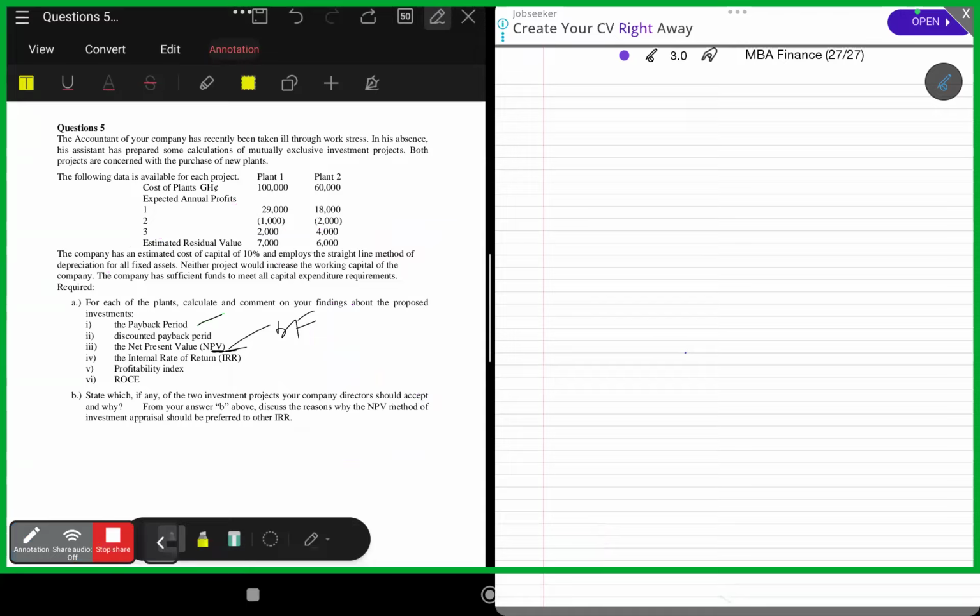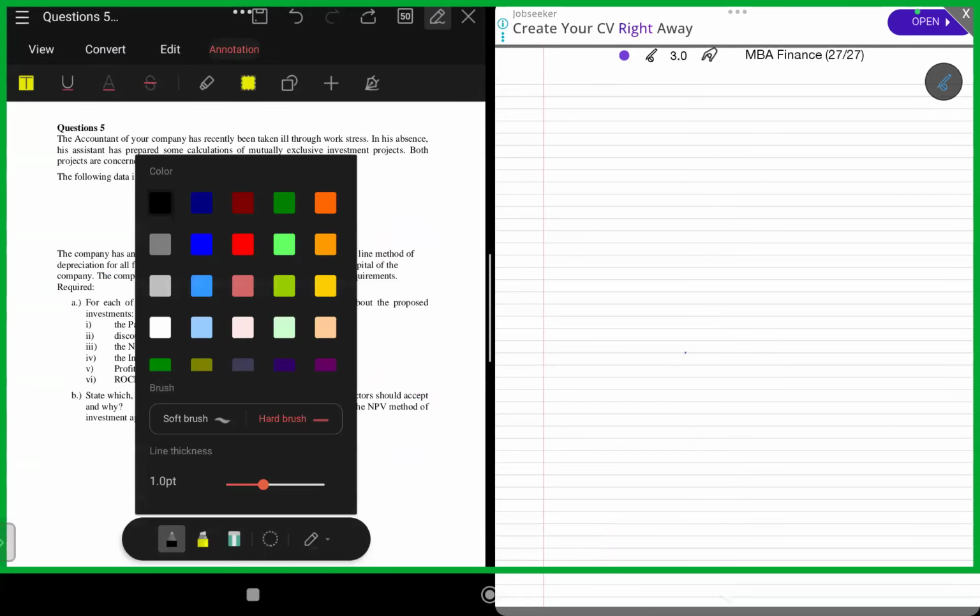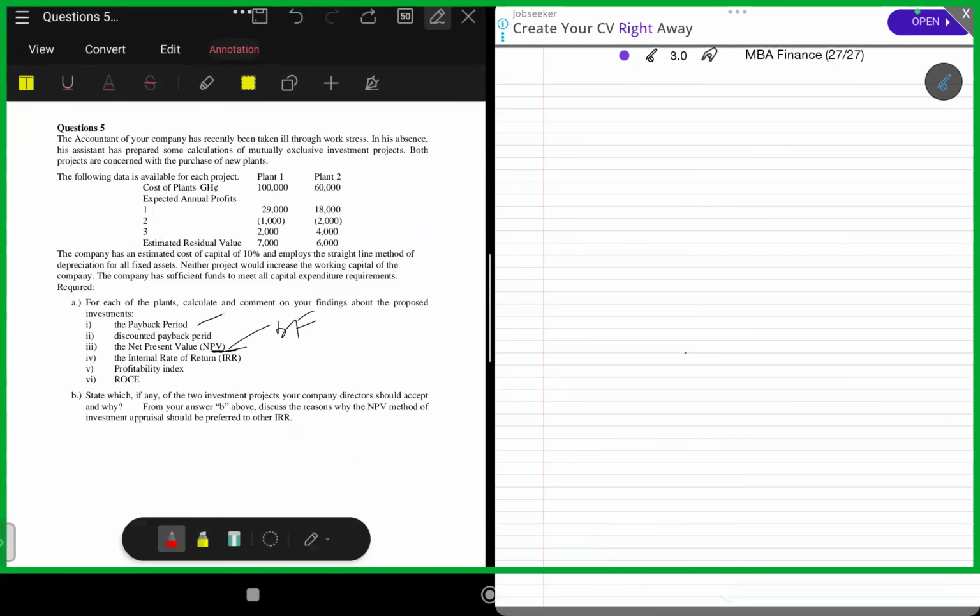find the cash flows. So the company has an estimated cost of capital of 10% and employs the straight line method of depreciation for all fixed assets, implying that plant 1 and plant 2 are all fixed assets.